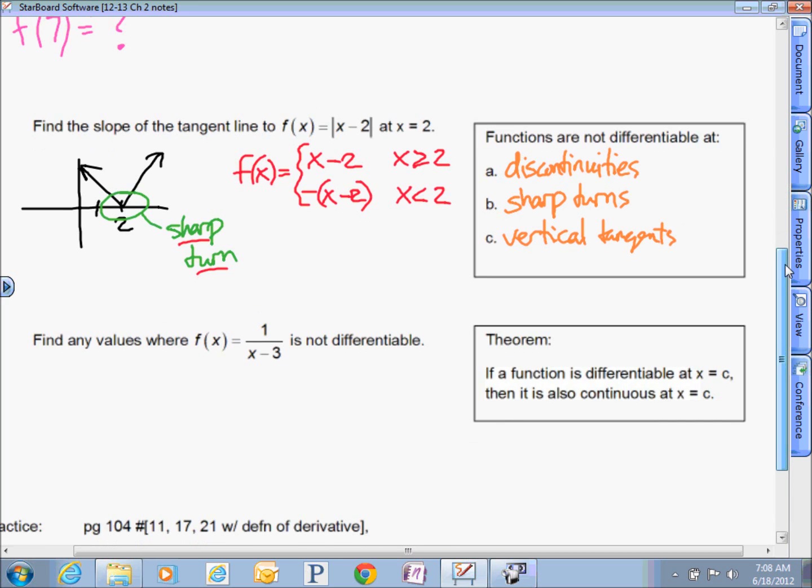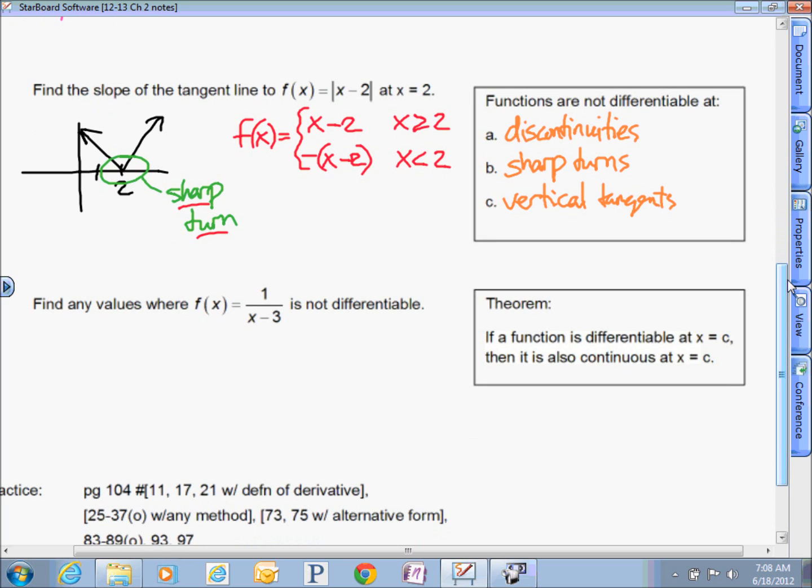So let's take an example right here. This next question: find any values where f of x equals 1 over x minus 3 is not differentiable. As I look at it, I can tell you this function is going to be discontinuous at x equals 3. If it's discontinuous at x equals 3, then it is not differentiable at x equals 3. Just as a check for yourself, is that a hole or an asymptote?